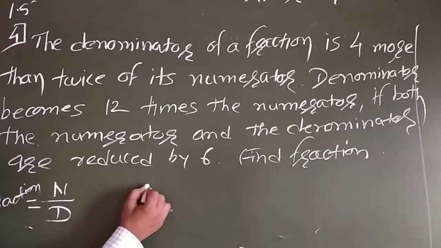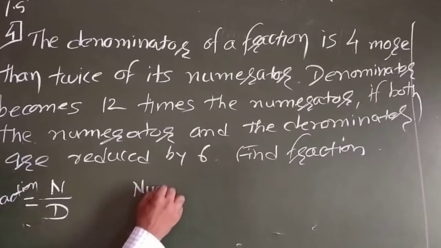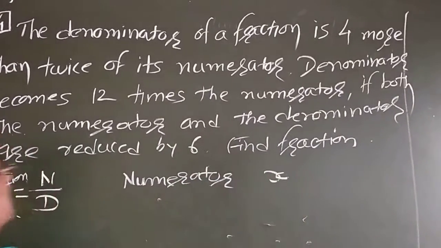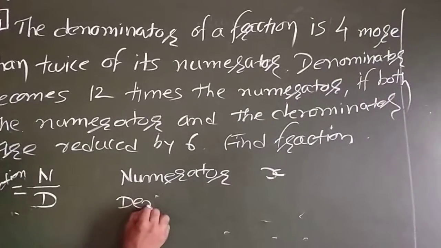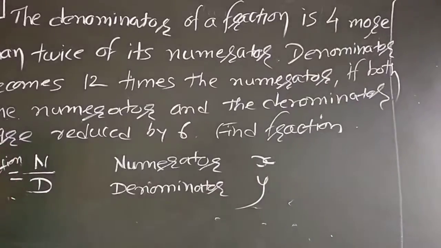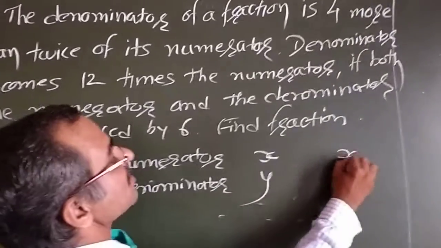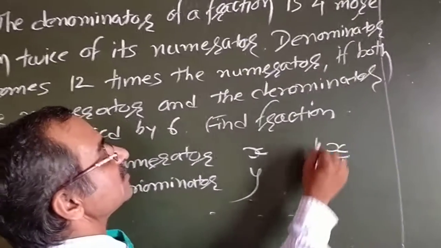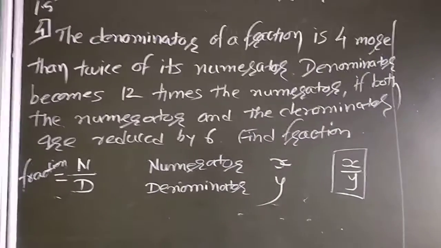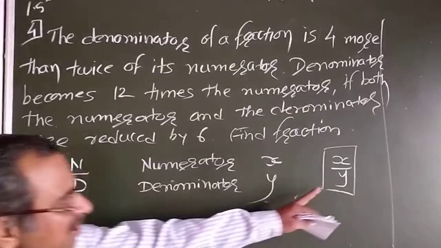For that we are considering the numerator as x and the denominator as y. So the fraction is x upon y. According to the first condition, the denominator of a fraction, what is the denominator here?